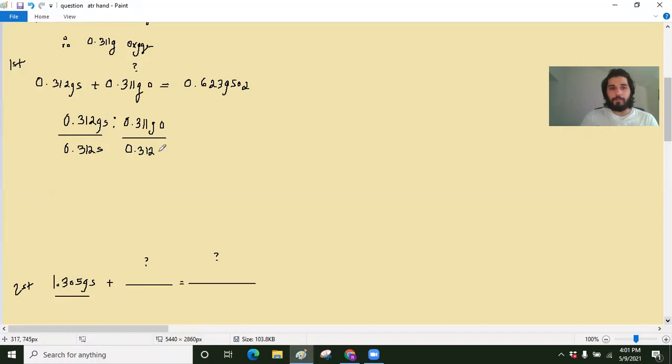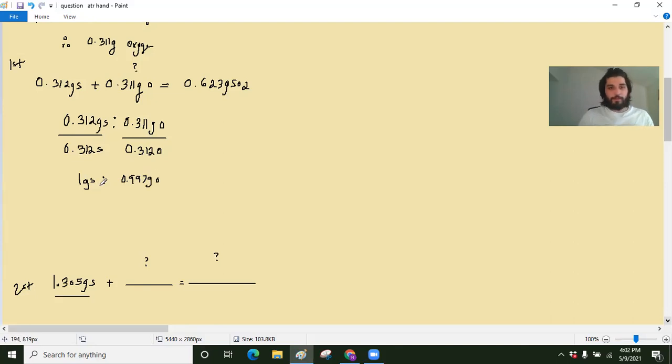So here we would have 1 gram of sulfur equates to, and you would divide this out, and you'd eventually get 0.997 grams of oxygen if you had a calculator.